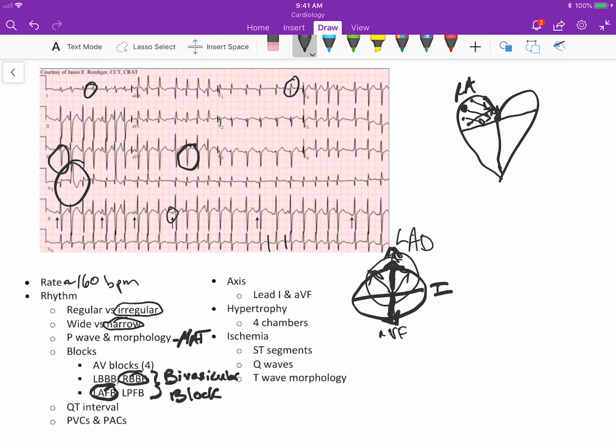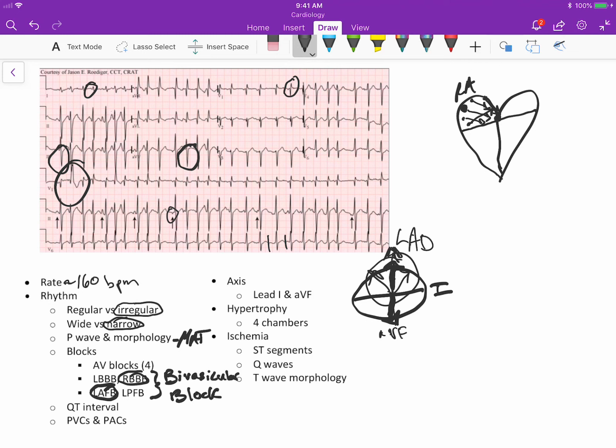Looking for Q waves, as we said, there's a tiny Q in lead 1. This goes in line more with the left anterior fascicular block. So I'm not convinced there's evidence of infarction here just yet. And then finally, T-wave morphology looks normal for the T waves that actually come through, and you can see.